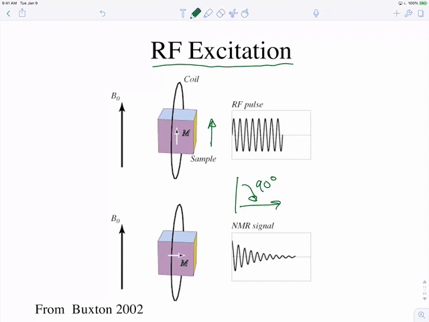Okay, so if there's no relaxation, the MR signal could just go on forever, right? But nothing lasts forever, so things are going to return to equilibrium. And the equilibrium is, in this case, zero magnetization in the transverse plane.